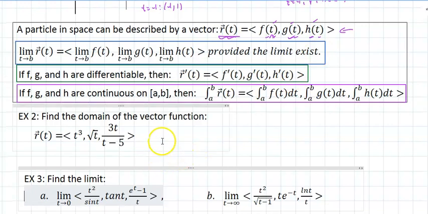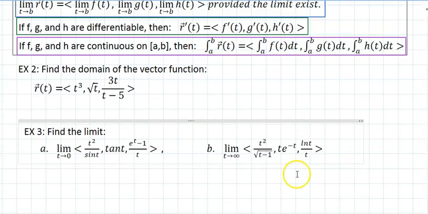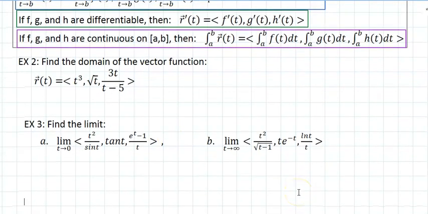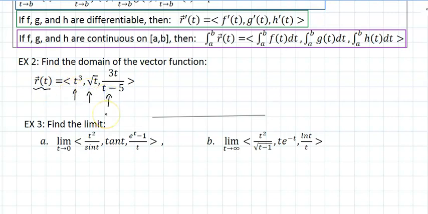First, let's talk about the domain of a vector function. Something new, but the term isn't new. The domain, you already know how it works. The domain for this vector r must be satisfying the i, the j, and the k component. I'm so tempted to say k.